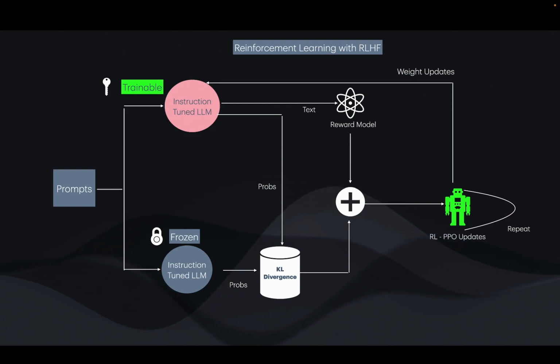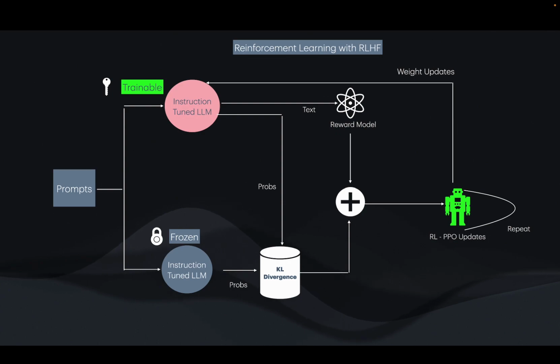So this frozen LLM is a reference to the already performing instruction fine-tuned model, and we use it as a reference point to train the instruction fine-tuned model, and we use the KL divergence to prevent huge policy updates when doing the PPO updates, right?